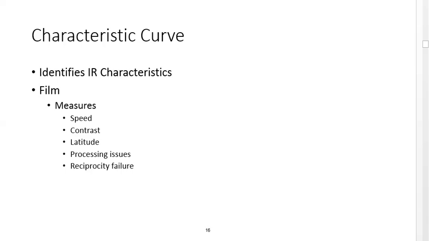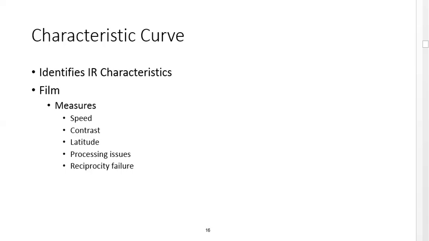Contrast is just a measure of response to exposure. So if it takes a little bit of exposure, that's the horizontal axis, a little bit of exposure to go from light to dark, then you're talking about a high contrast image. So visually what we're looking at is a verticality of the curve, of the straight line portion. If the straight line portion is very vertical, you're looking at a high contrast.